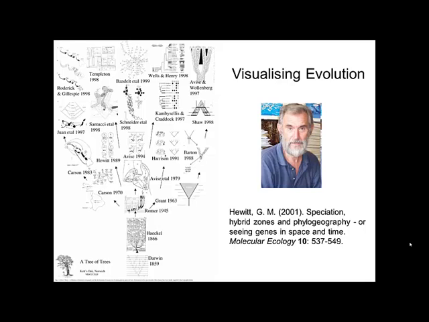Here's the Canary Islands, and this diagram is showing historical rates of dispersal between the various Canary Islands, and he's provided a historical description of the various ways in which information has been attached to evolutionary trees, in particular spatial information.